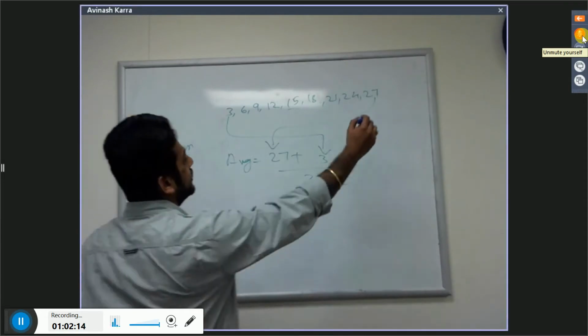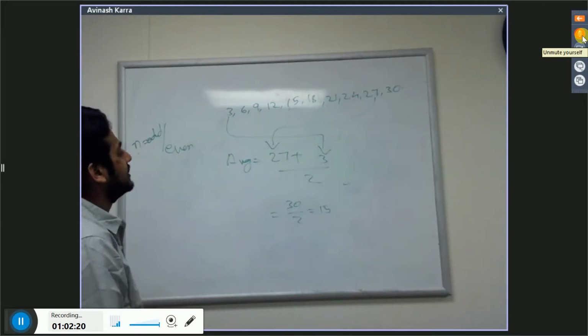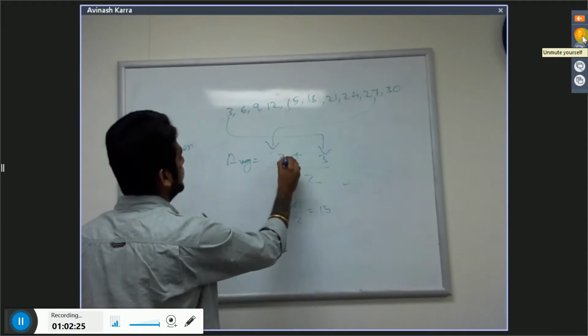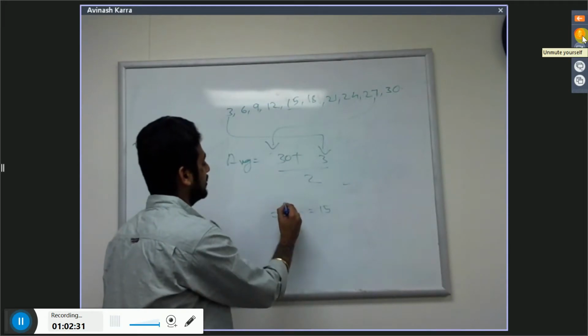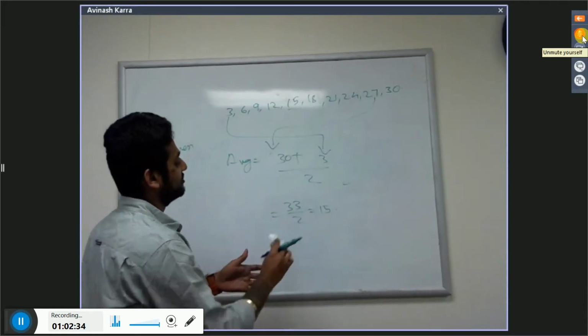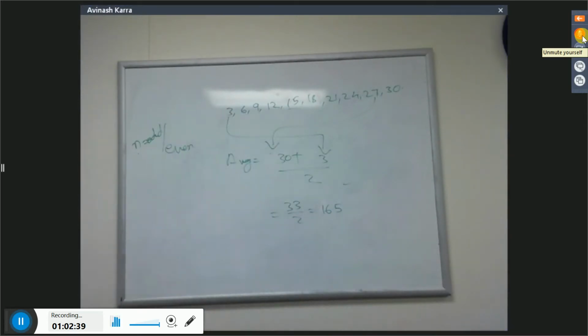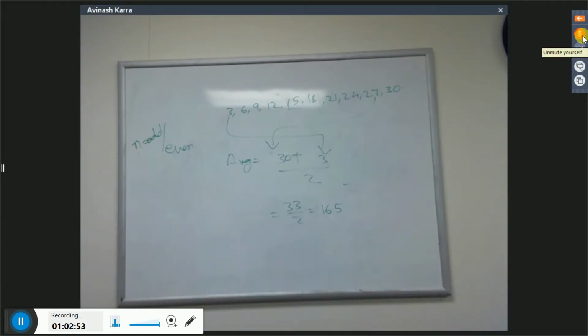If we add 30 to it, instead of 27 it becomes 30. 30 plus 3 is 33, by 2 is 16.5. I think it's better to only remember this and forget the old stuff. At least, do you understand this? Please, guys, yes or no?